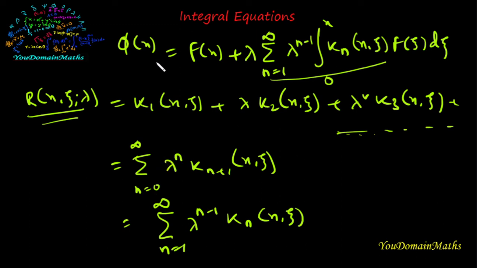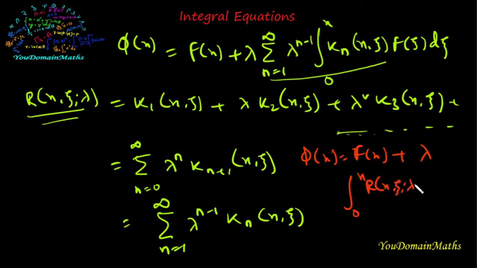So the solution can be written in this form. That means phi of x equals f of x plus lambda times the integral from 0 to x of the resolvent kernel R(x, xi; lambda) times f of xi d xi.